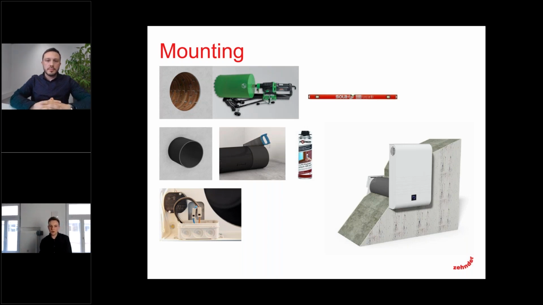After fixing in the wall, fill the space between the masonry and the installation pipe with assembly foam inside and outside. Shorten the core device, set it into the installation pipe in the wall bracket, connect it to the power supply, and then mount the design cover, and that's it.